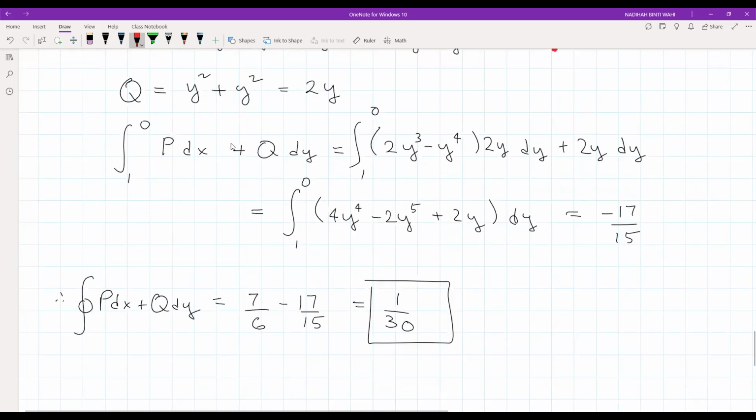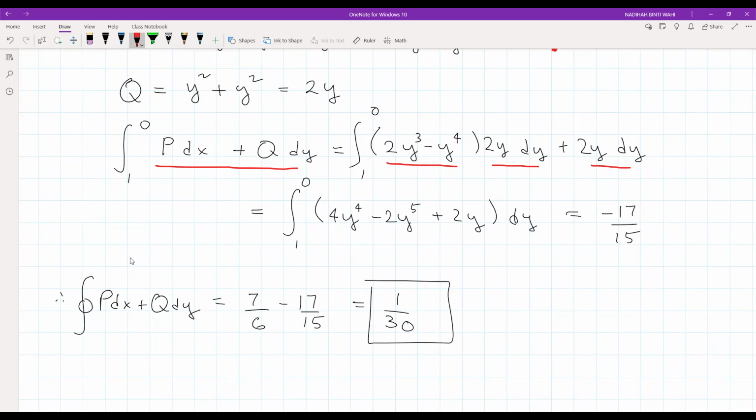And then this is the original function, original P dx plus Q dy. So everything dx becomes dy. So this is in terms of y. This is in terms of y. This is also in terms of y. Okay. Y goes from 1 to 0. So you just do regular integration and then you get the value.